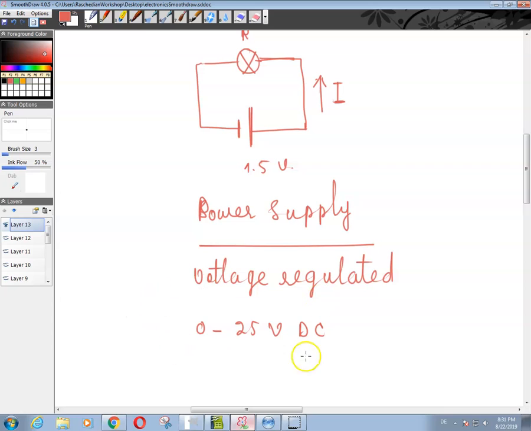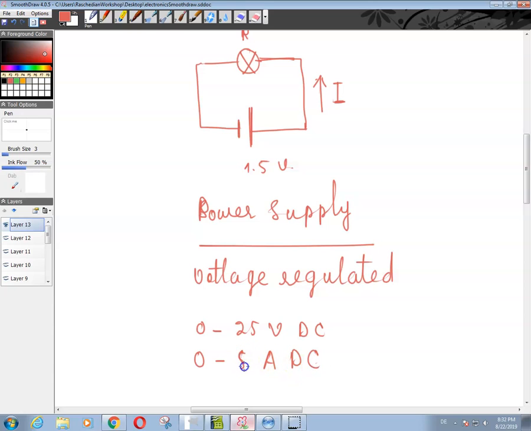You can change that voltage by turning a knob. Your output voltage is going to change and remain constant wherever you set it. And also your current is regulated, meaning that you get, for example, 0 to 5 amps DC.